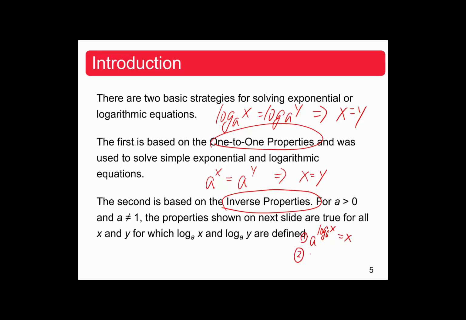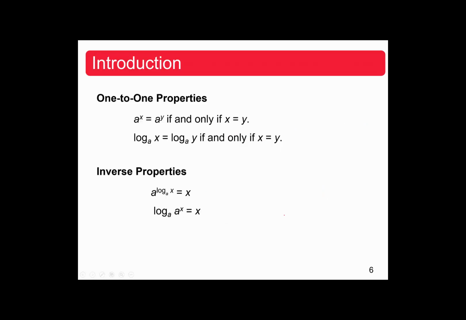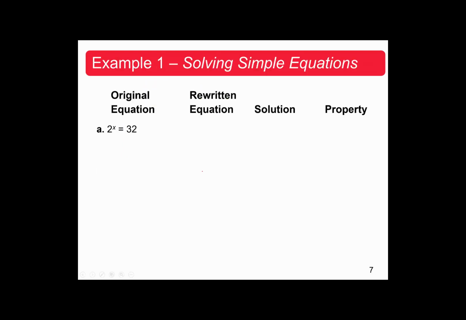Second, log base a of a to the x, the logarithm base a and the exponential function with base a also undo each other. This is what we call the inverse property. So you end up with x. We mentioned the one-to-one property earlier, and the second is the inverse property. We utilize either one of these to solve the equation.